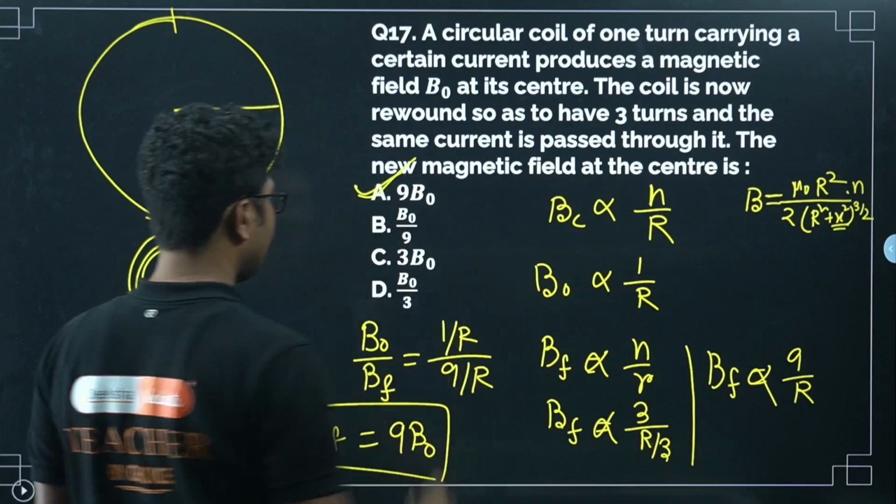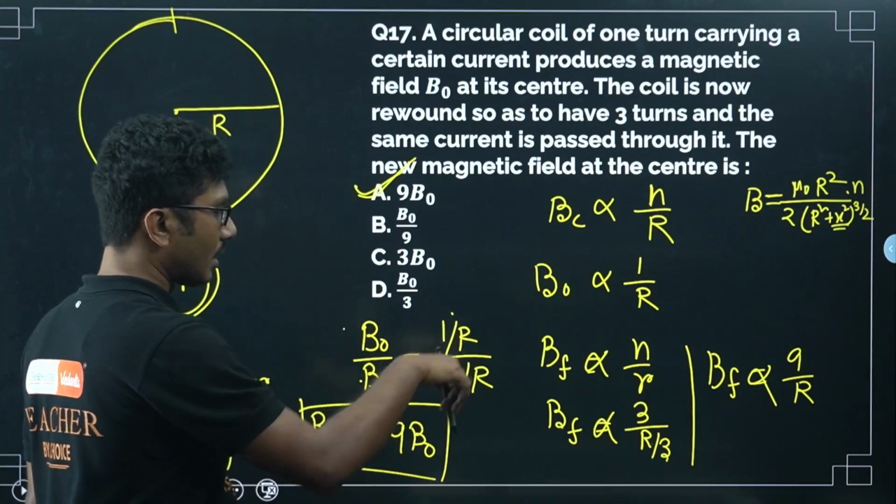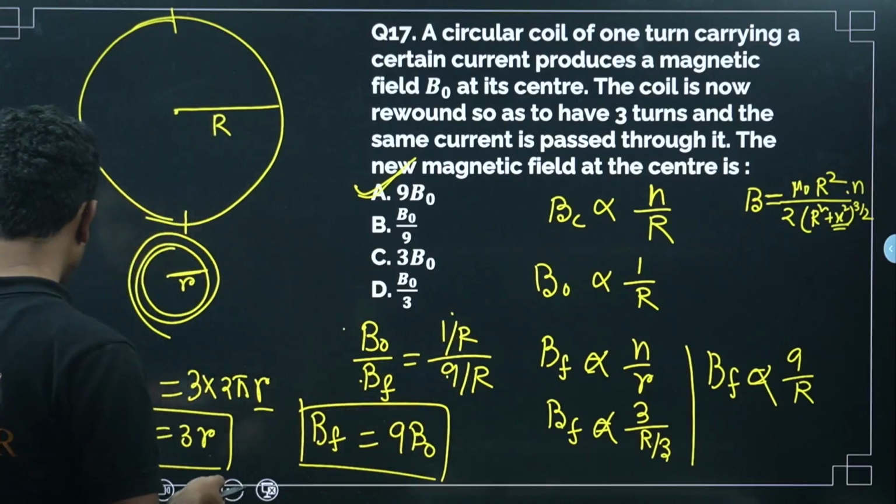So 9 B naught is the answer. Simple: cross multiply, B F will go up, 9 will come out, 1 by R will cancel.